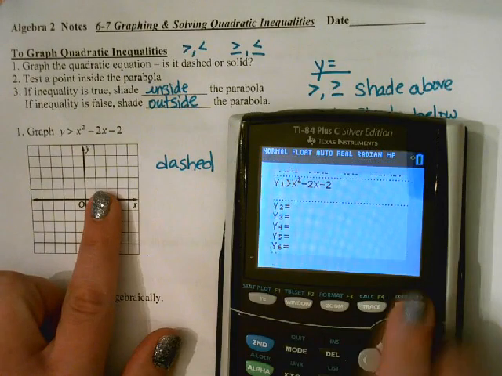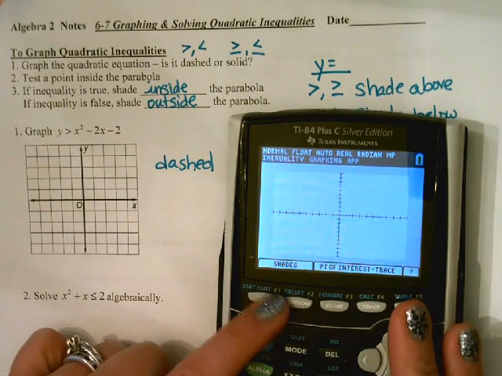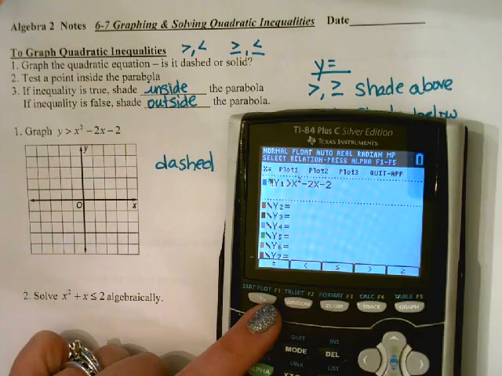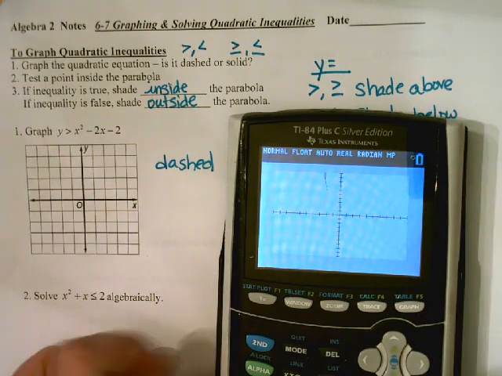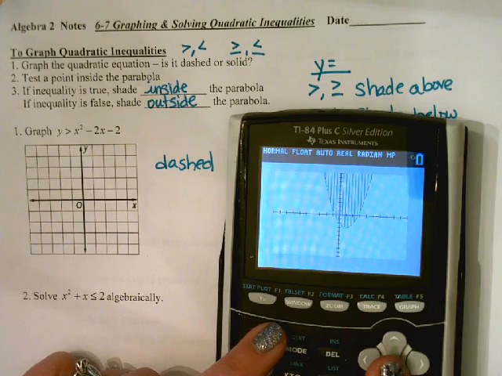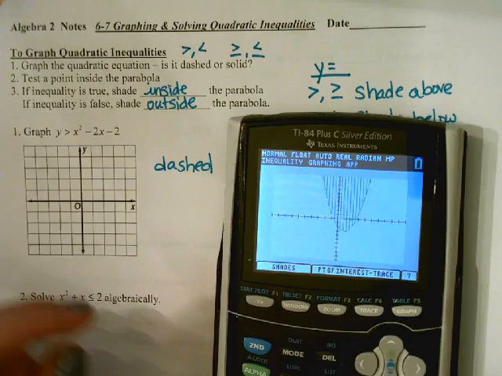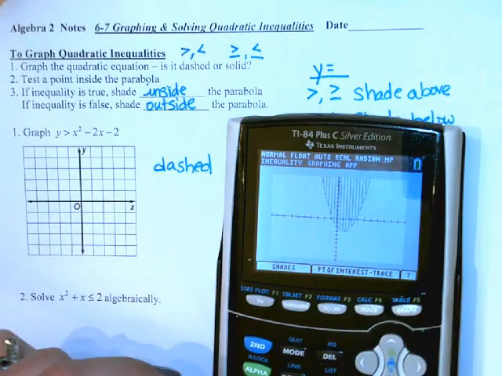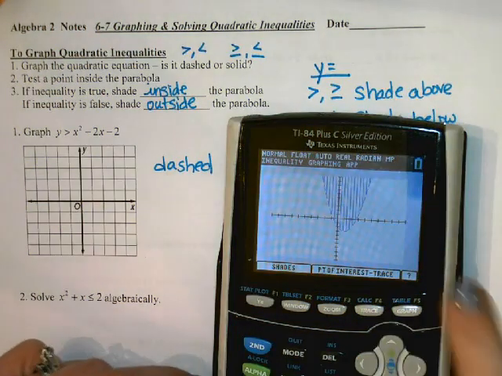All right, so let's graph him to see what he looks like, and then we'll put him on our paper. Hold on one second. Now I'm going to graph him. There he is. Your calculator has the table feature.